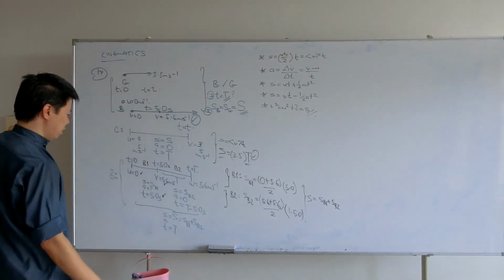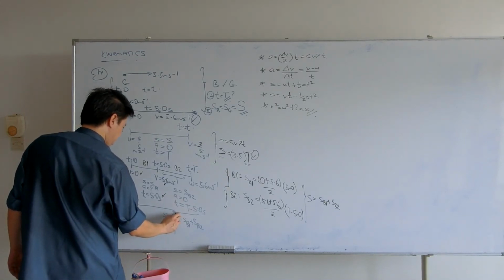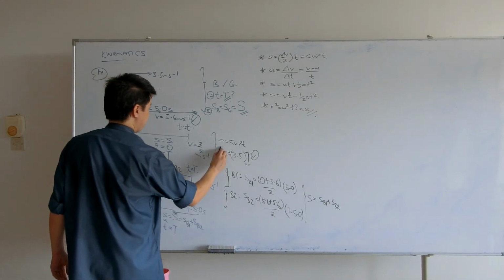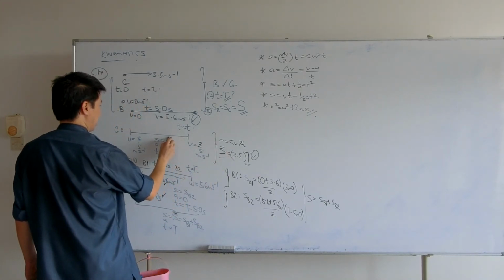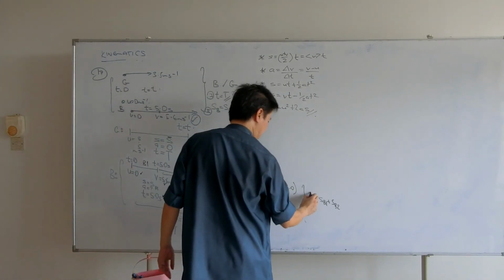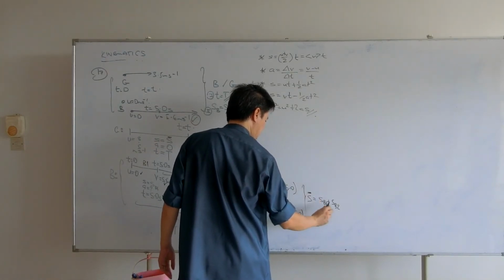Maybe to make life easier, I will put a marker here to show this is actually a capital, so that it is easier for you to understand that we're using capital here.